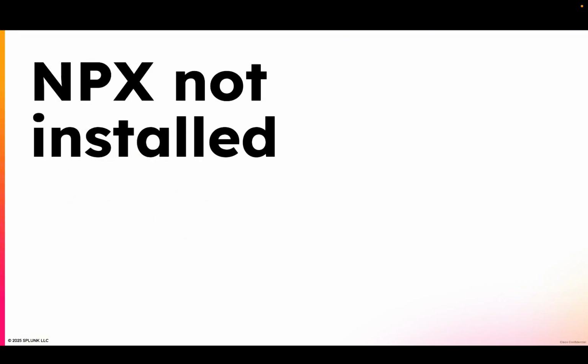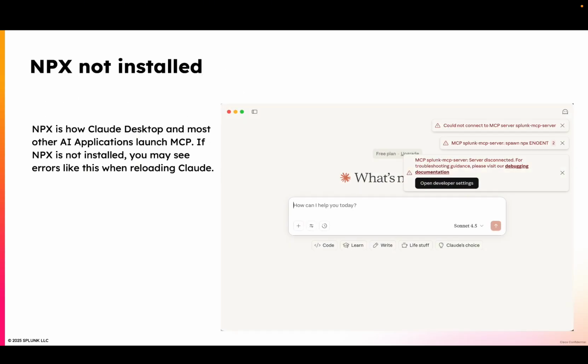Okay, so let's start with the first issue, NPX not installed. Now, in my example, I'm using Claude Desktop to showcase what these failures look like, but this is going to be the case with just about any application that you use to call Splunk MCP server, since it's dependent upon NPX.